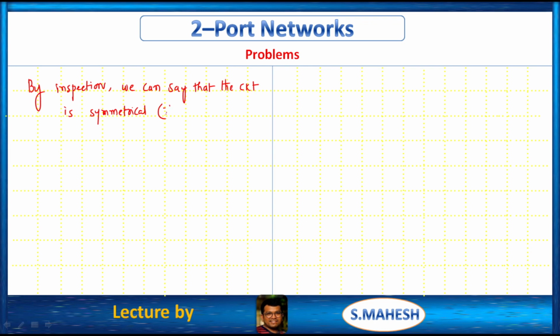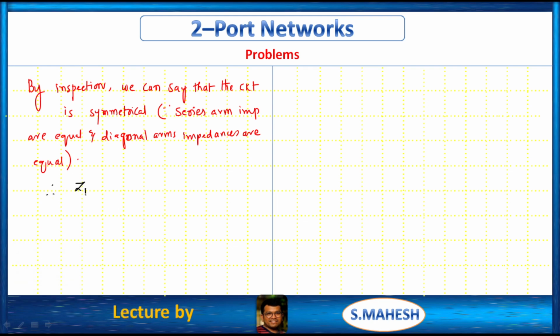Since series impedances are equal and diagonal impedances are equal. Therefore, finally, that is symmetrical: Z11, which is equal to Z22, which is equal to what? Z1 plus Z2 by 2.